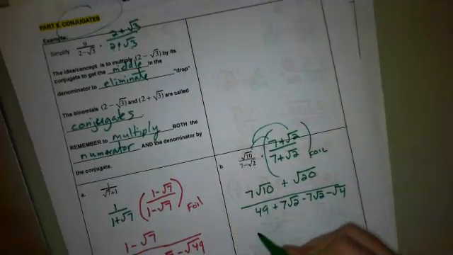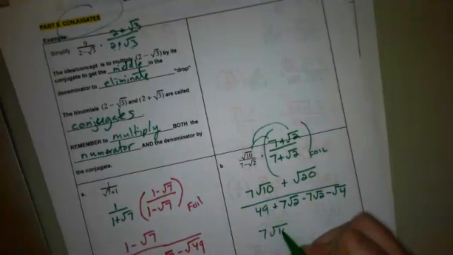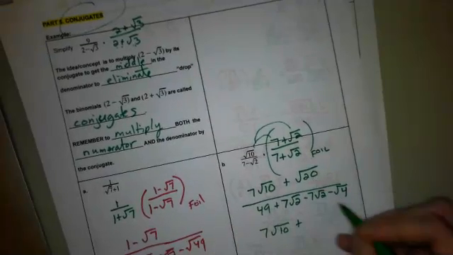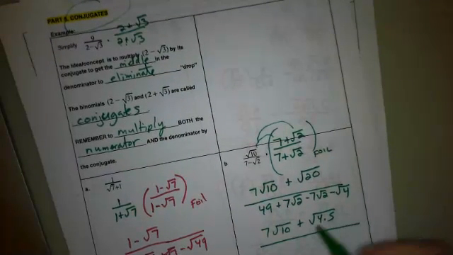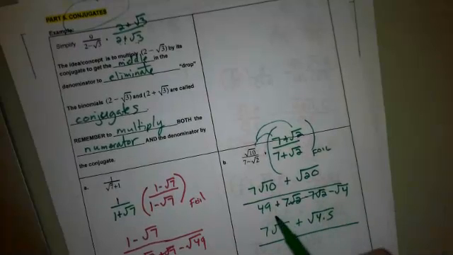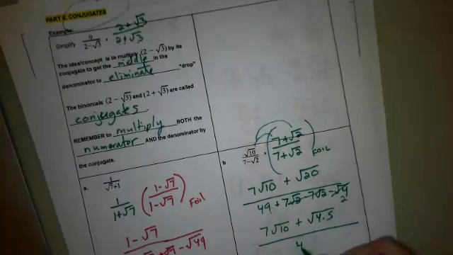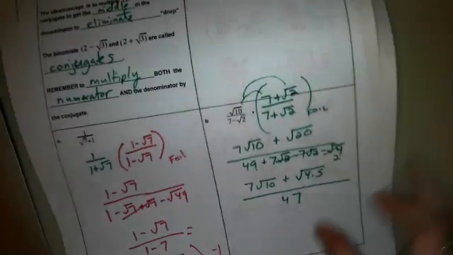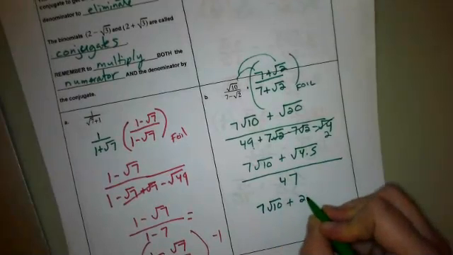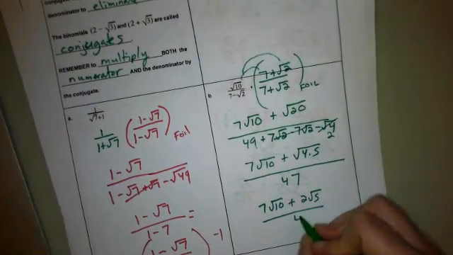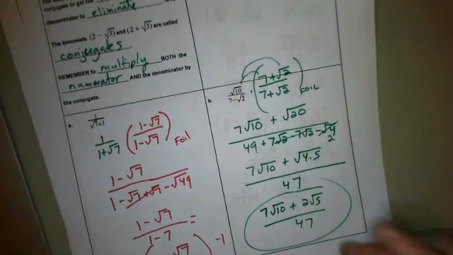Okay, that's going to give me 7 root 10 plus, oh, I see that I have a perfect square there. I'm just going to pull it right away. 4 times 5 all over. What do we got? These cancel. That's a 2. So 49 minus 2 is 47. Okay. We've got a 7 root 10 plus 2 root 5 over 47. Can't get any simpler than that.